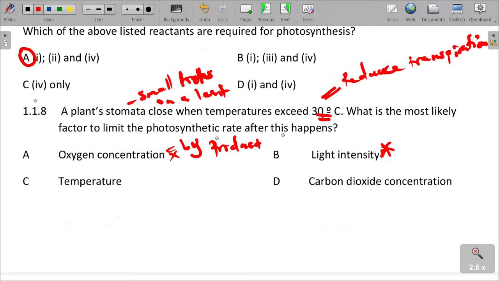Temperature has nothing to do with the photosynthesis here, because from the factors that we have discovered above, it is the carbon dioxide concentration, because it is exchanged through the stomata, the opening and closing of the stomata on the leaf, which is going to affect the rate of photosynthesis.